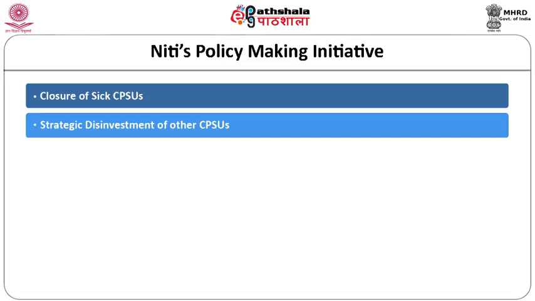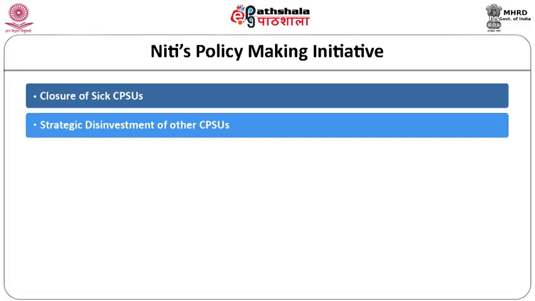Now, with the previous government making recommendations for disinvestment of central public sector undertakings, the present government has also initiated strategic disinvestment of central public sector undertakings in a phased manner. The purpose is to lose its control over these undertakings, being the single largest investor in them.